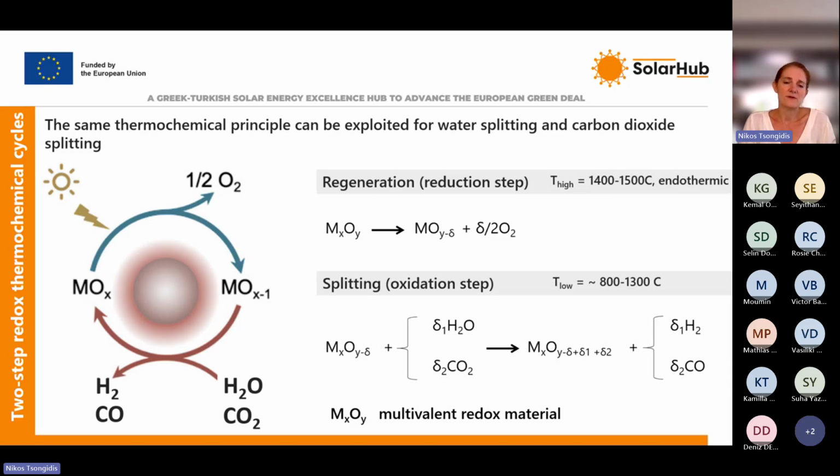While the second step, the splitting step, either the splitting of water or the splitting of carbon dioxide, is performed at lower temperatures. In this step, we have the oxidation of the reduced metal oxide by water or carbon dioxide, where the oxygen is removed from water and carbon dioxide to fill in the empty sites on the metal oxide, and produce at this step hydrogen and carbon monoxide.